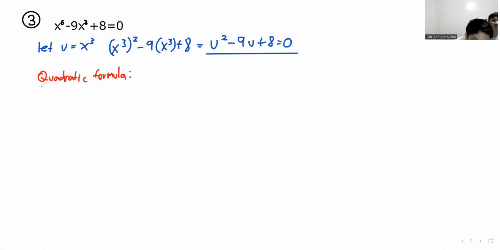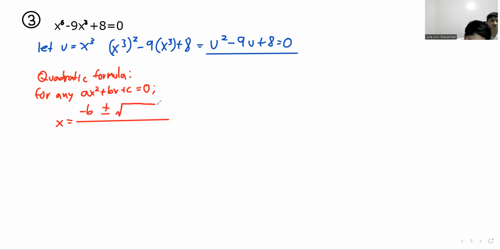Okay, so the quadratic formula. For any ax squared plus bx plus c equals 0, we have the following formula. x is equal to negative b plus or minus the square root of b squared minus 4ac, which is also known as the discriminant, and on the bottom is 2a.